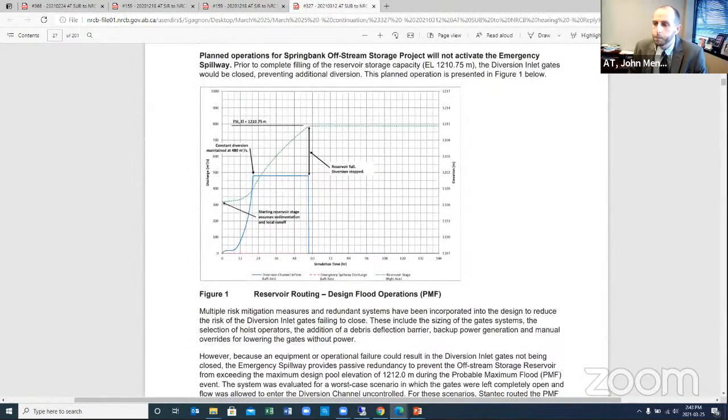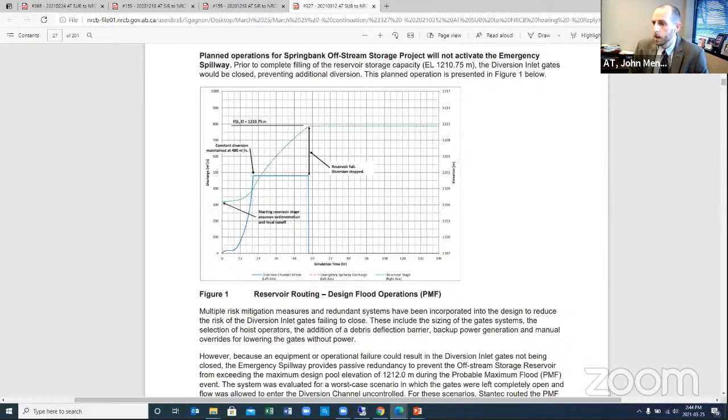As we've discussed previously, the probable maximum flood is what's used to design structures and spillways for an extreme consequence dam. So in this scenario, we're modeling what would occur during a probable maximum flood if the structure were to operate for a period of time until the diversion closed. As I said, that is the proposed and intended operation for the structure.